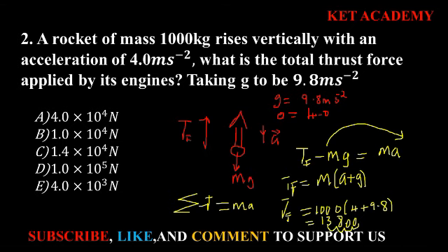So since 8 is greater, we're simply going to have 1.4 times 10 to the power 4. Since we're talking of force, the unit is Newton. So clearly our options, the correct option there is C. So that is the correct option, C.